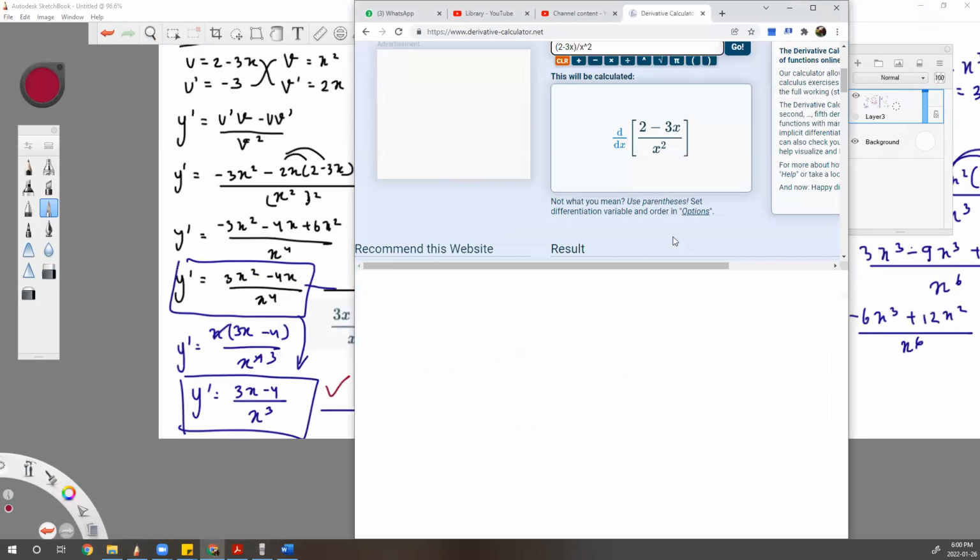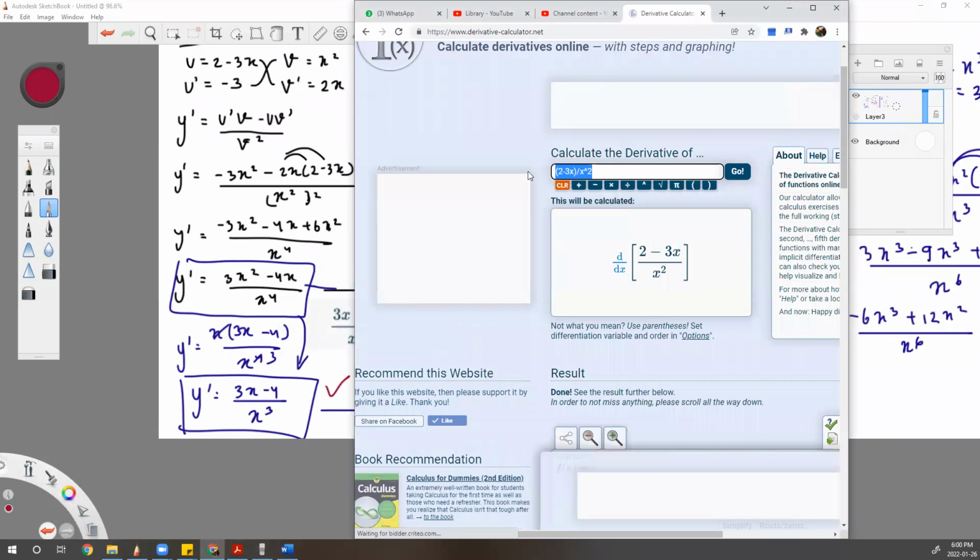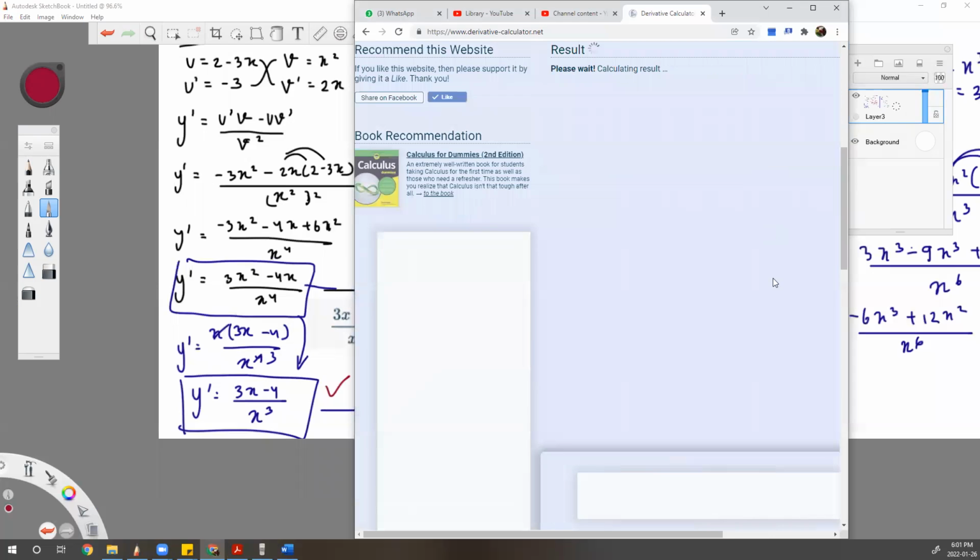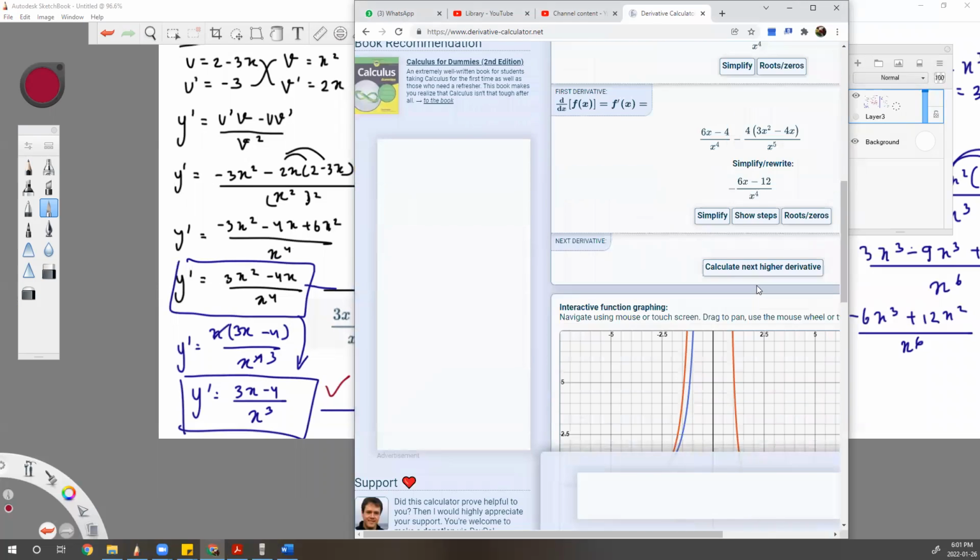Okay, I will give extra time for some time. Here. Try to use the top side. 3x power 2 minus 4x over x power 4. Okay, I use the non-efficient way. Go. The answer is this.